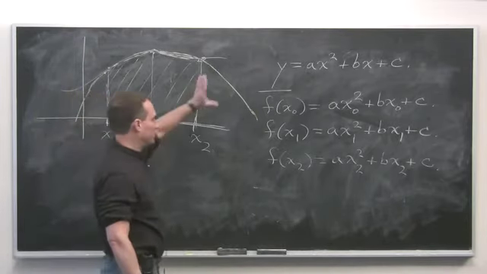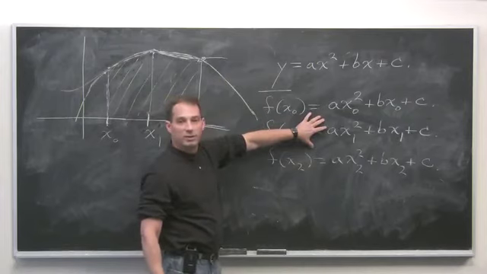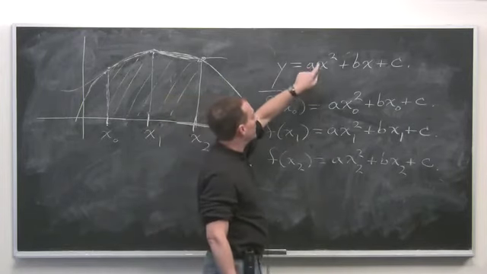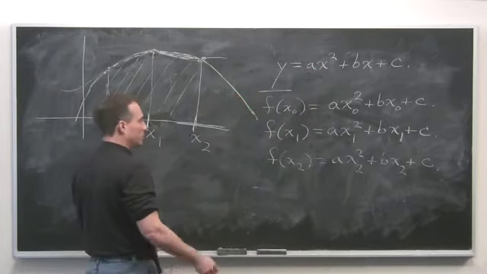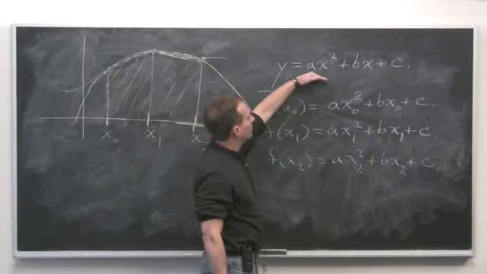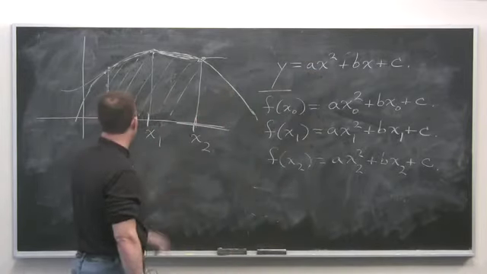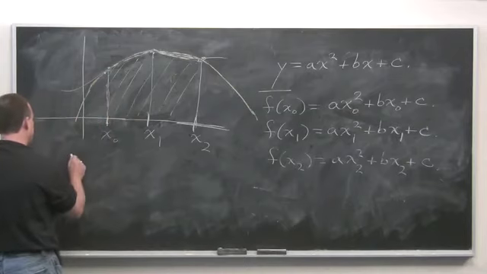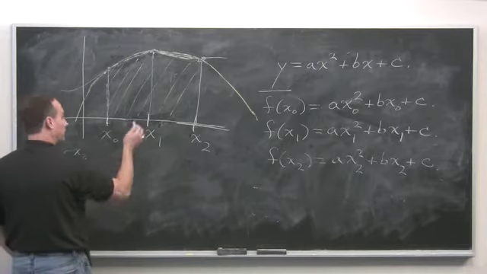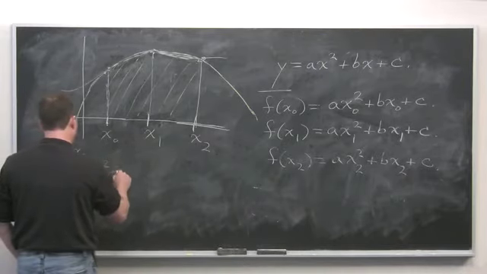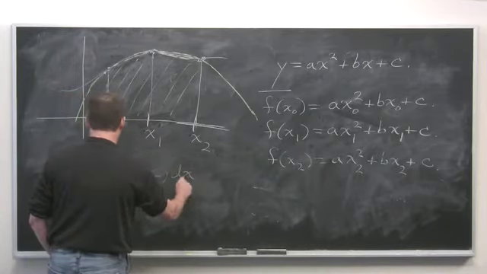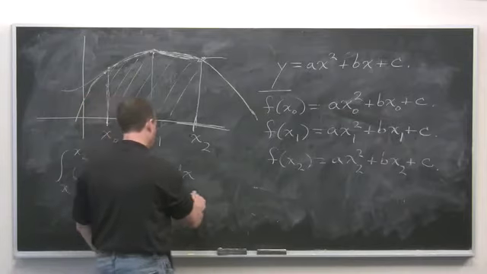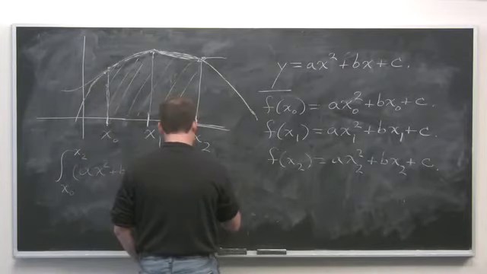So what do you get for the area? You solve these 3 equations in the 3 unknowns A, B, and C, and then you integrate the resulting polynomial, a quadratic or smaller degree, a polynomial of degree 2 or less. You integrate that from x0 to x2, the resulting parabolic approximation of the curve. If you do this, what you find is that you get delta x.